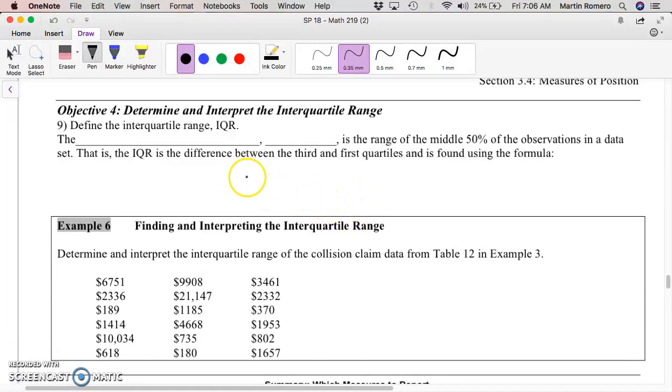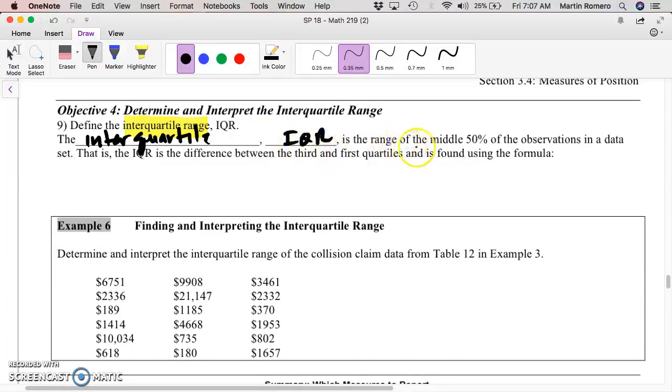Then we have a new value called the interquartile range. Interquartile range is called IQR, the inner quartile range, and the way we'll probably say it is IQR.